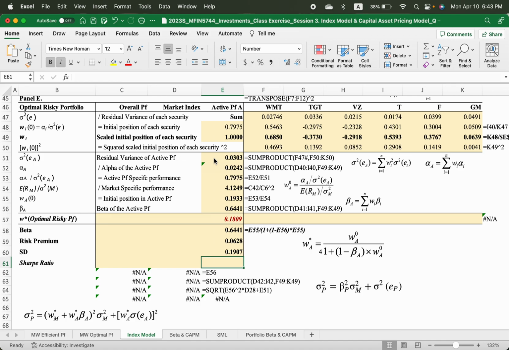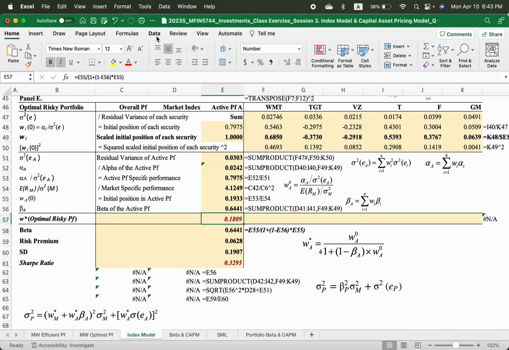What is the Sharpe ratio? The Sharpe ratio that is maximum under this optimal risk portfolio weight, 18%. How to calculate it? The Sharpe ratio is just the risk premium divided by the standard deviation. Okay, we got it. Or you can also calculate this maximum without this equation.